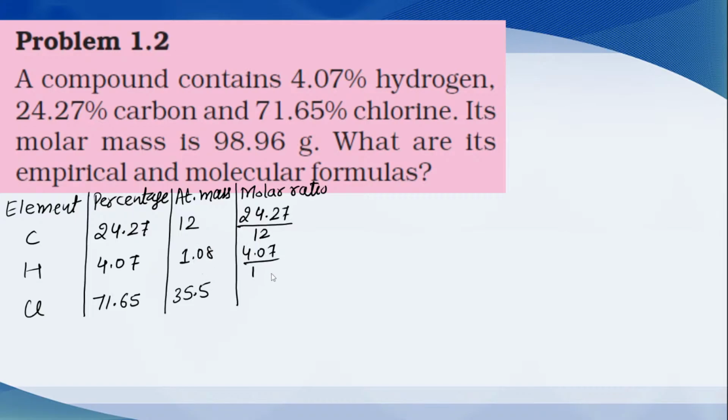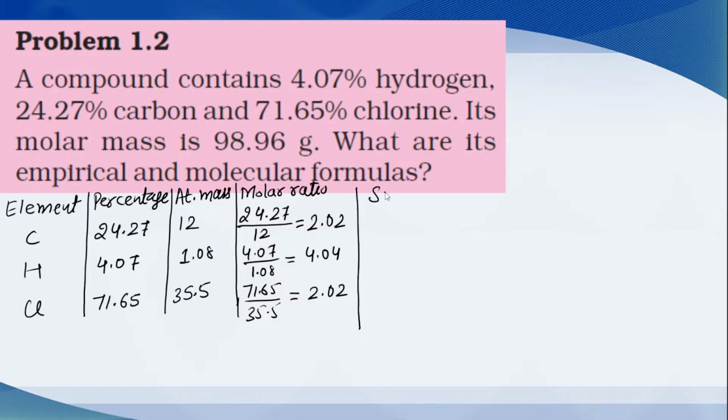For carbon 24.27 divided by 12, for hydrogen 4.07 divided by 1, and for chlorine 71.65 divided by 35.5. What is the value? 2 point something, around 2.02. It is 4.04 around. And it is again 2.02 around.